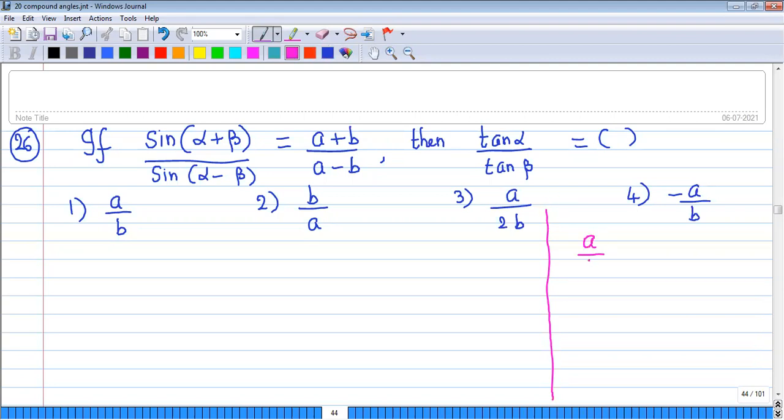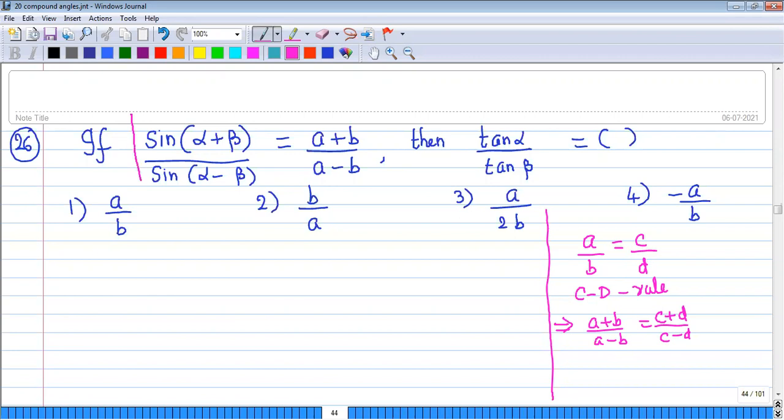If A by B is equal to C by D, then A, B, C, D are said to be in proportion, because A is to B as C is to D. If the two ratios are equal, then we can apply the componendo and dividendo rule: A plus B by A minus B equals C plus D by C minus D.